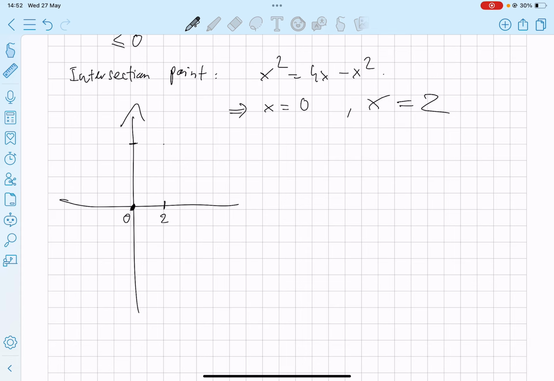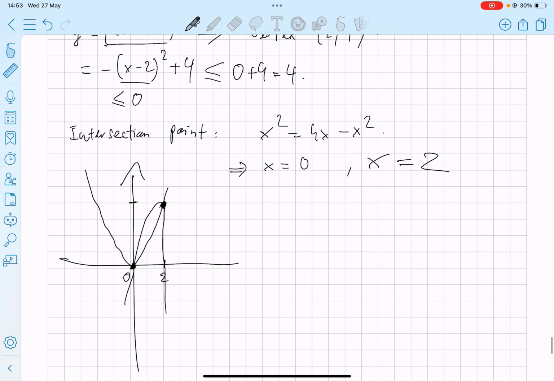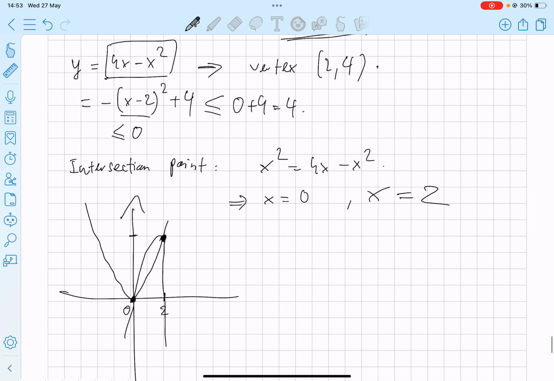Okay, it will cross at 2 points like here, and the region enclosed by these parabolas will be this one, this area.